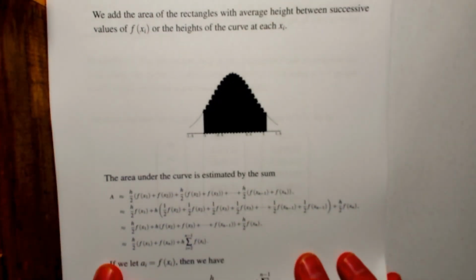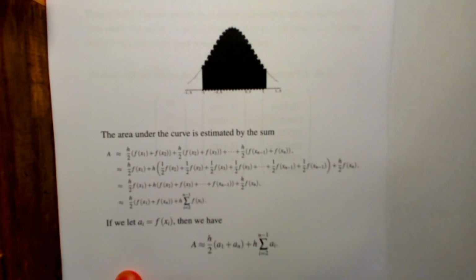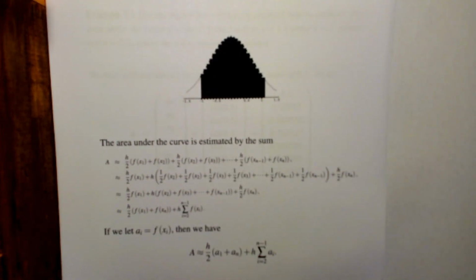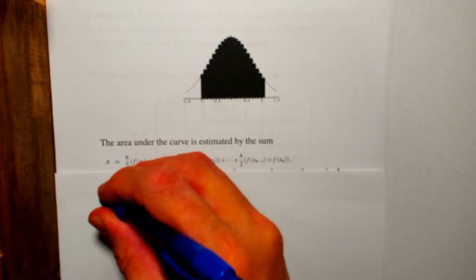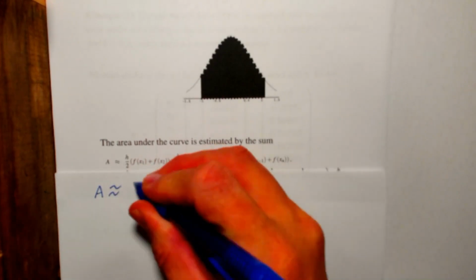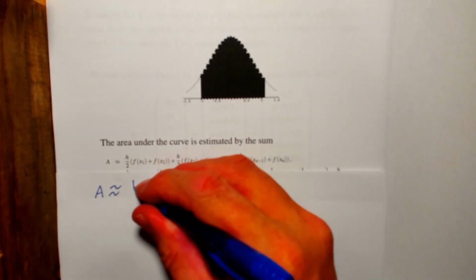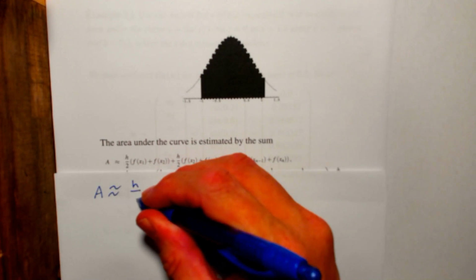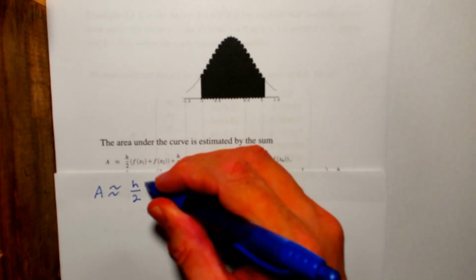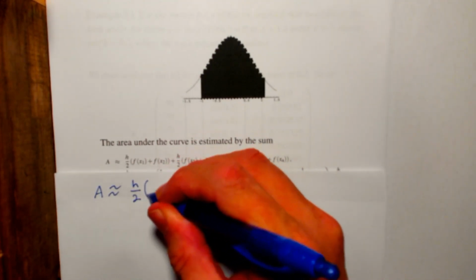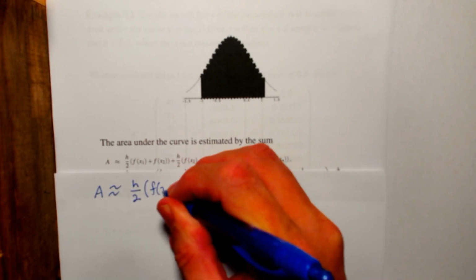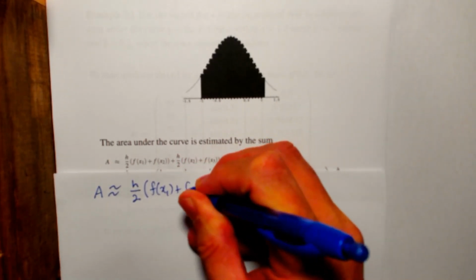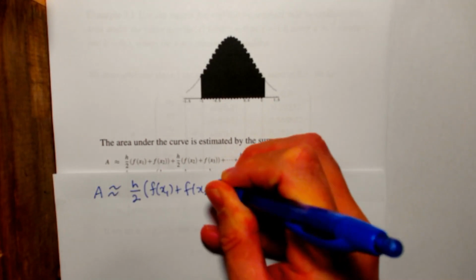Alright, so here's some mathematics, but I'm going to rewrite this so we can discuss it along the way, and it'll be a little bit bigger as well. So A is approximately h on 2 times f of x1 plus f of x2.